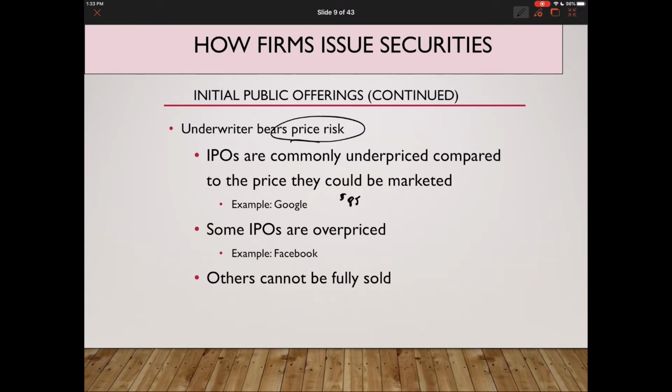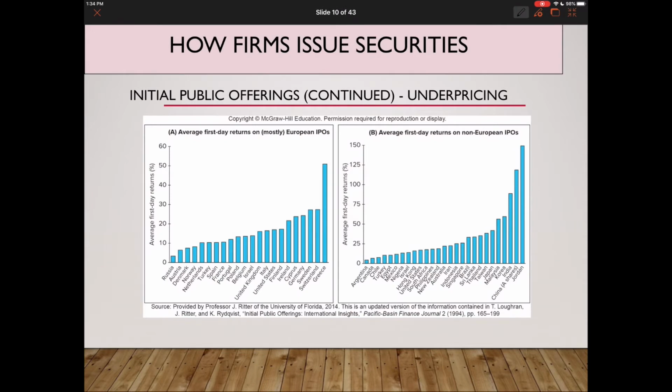So just to provide a little context on how these IPOs typically work and how they are typically underpriced in comparison to what the firms could actually raise if they priced the IPOs a little bit higher. You can look at the charts here of the average first-day returns on mostly European IPOs and then non-European IPOs, and you can see that the average first-day returns are pretty strong.